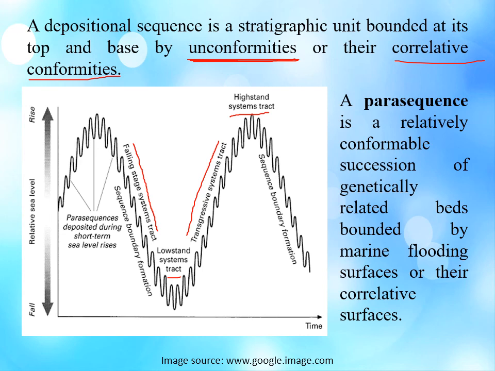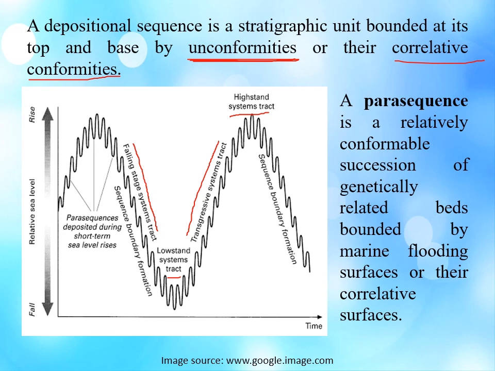You can see that sea level goes up and down, although overall the sea level is gradually increasing. Similarly, in the falling stage system tract, although overall the sea level is decreasing, within this decreasing trend there are numerous up and down cycles, and that is below the 10 million year cycle.